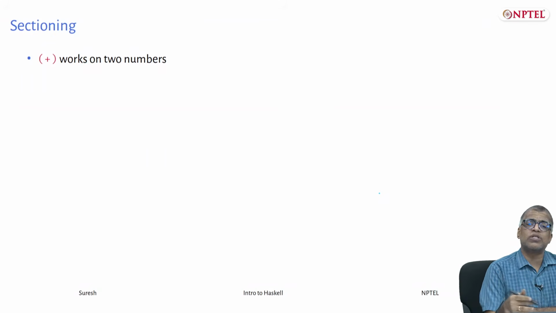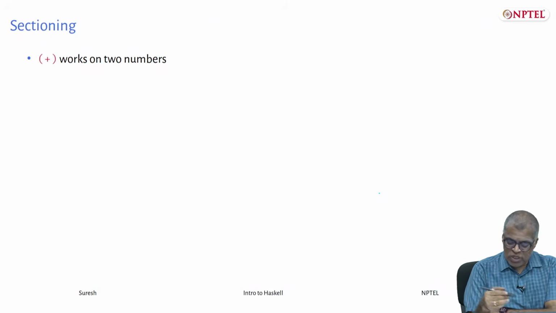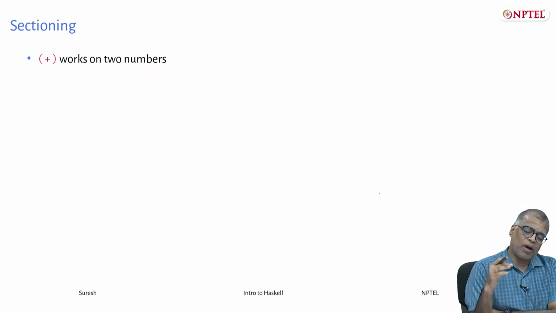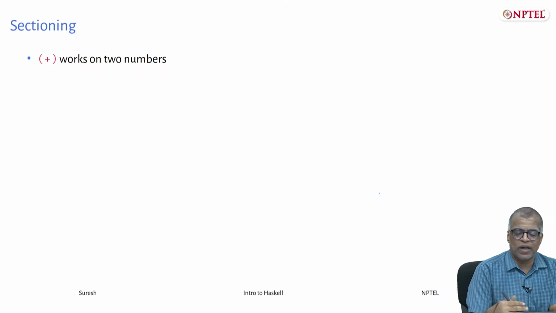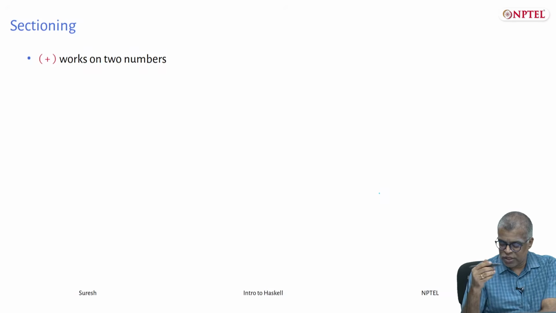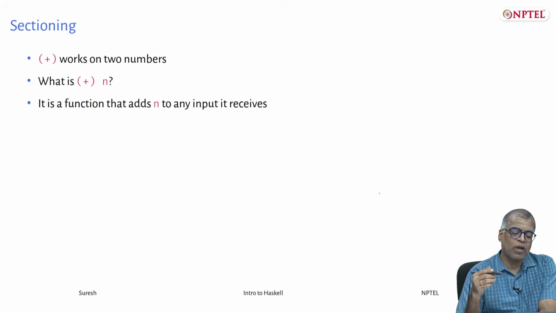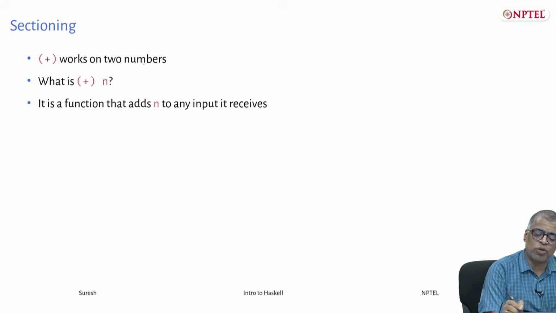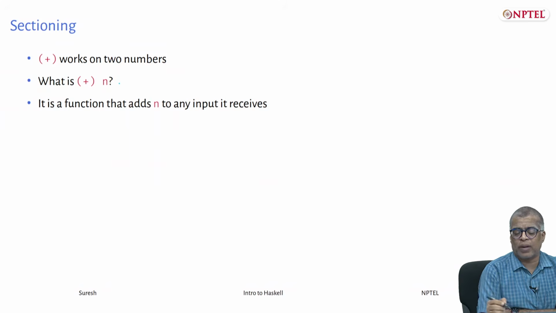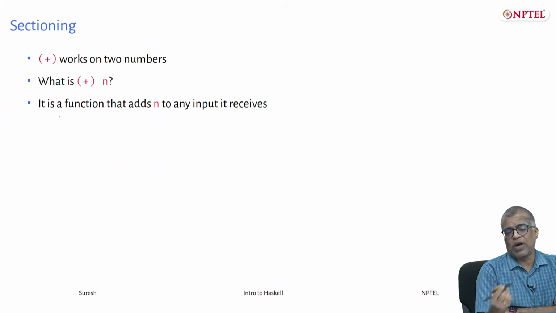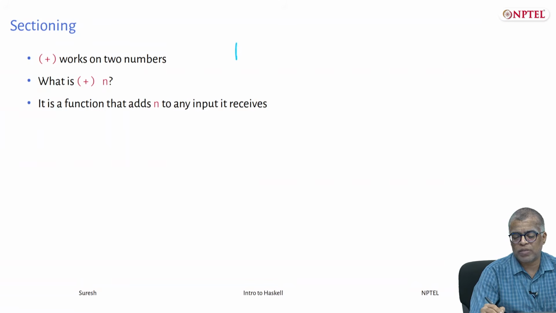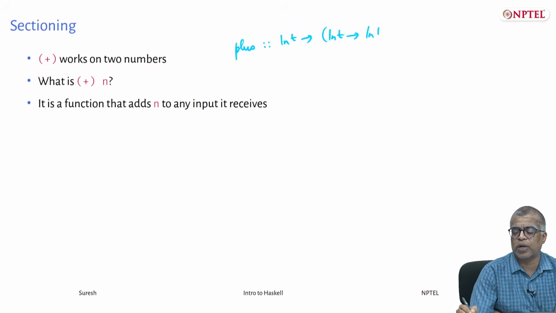And this introduces another new trick. You don't need to memorize all this, but these are all part of basic Haskell idioms, and as you program more and more, you will get to use these features. Plus is a function that works on two numbers. What is plus applied on n? Like we saw earlier with that plus, plus is a function that takes an integer and returns a function that takes int to int.